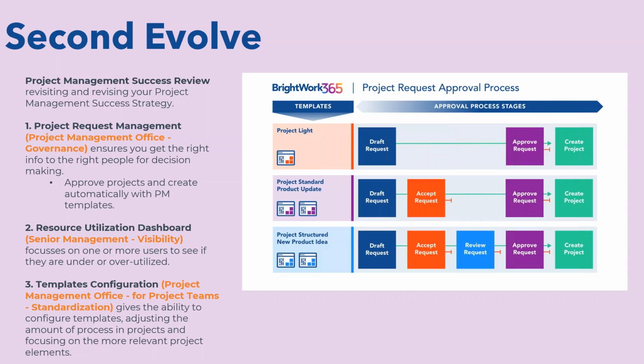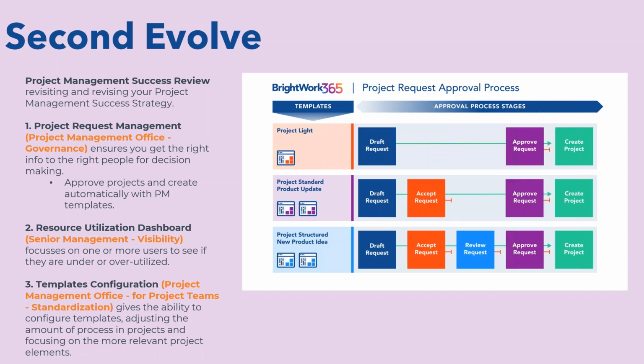And maybe that strategy, based on what you originally wanted to do from your backlog, based on the feedback and the learnings, because you want to be very open and cognizant of those, maybe you decide these are the 3 items you add in this evolve. So maybe there's project request management, where you're essentially increasing the governance.